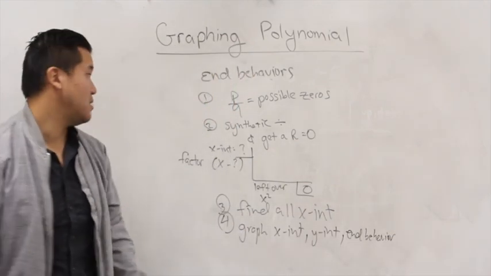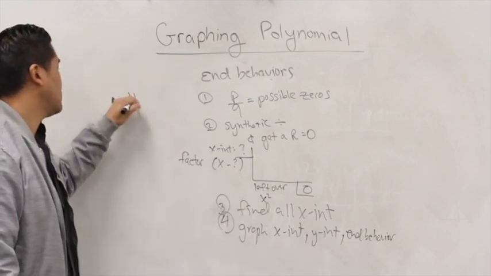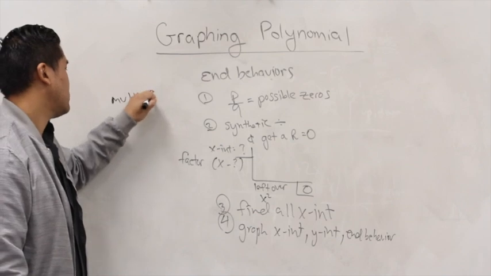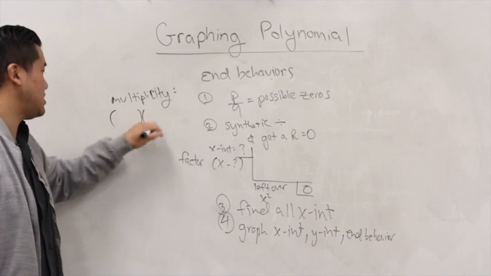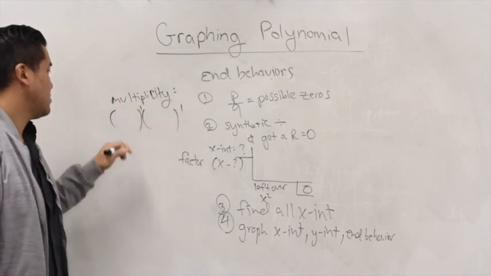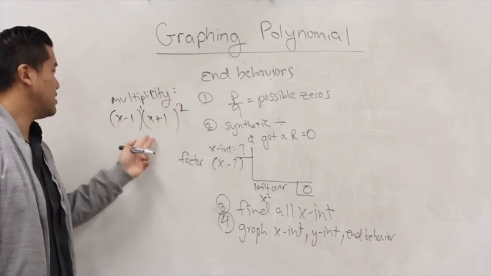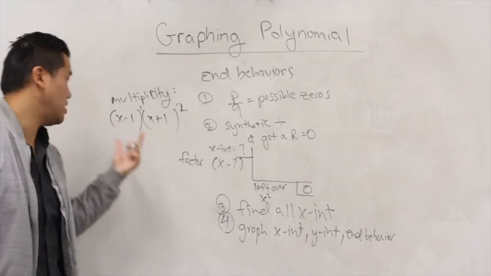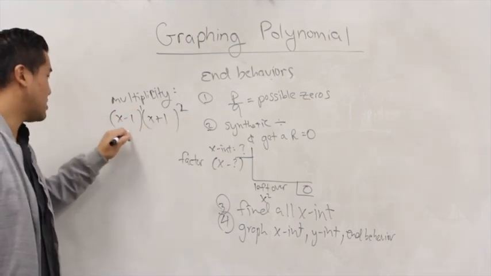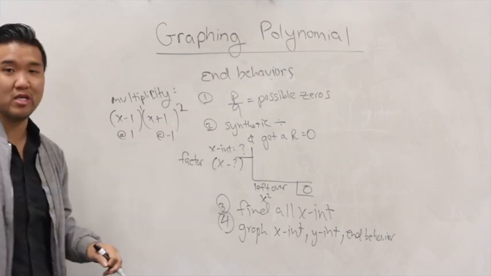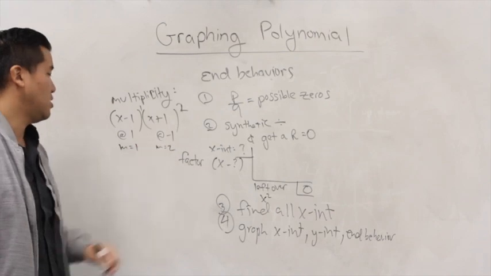One little tidbit, I want to talk about multiplicity. Multiplicity just means how many times your factor is repeating. If you factor these out, you get x minus 1, x plus 1. Here it's only repeating once, here it's repeating twice. So at x equals 1 and x equals negative 1, my x-intercepts, the multiplicity is 1 here, and the multiplicity is 2 there.